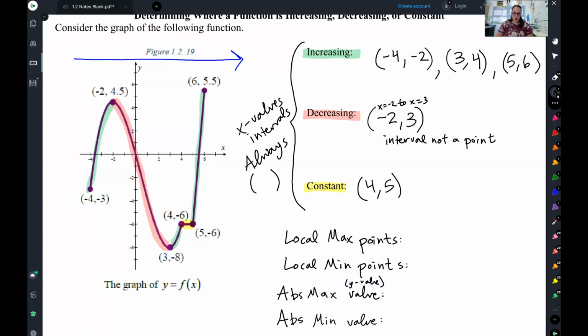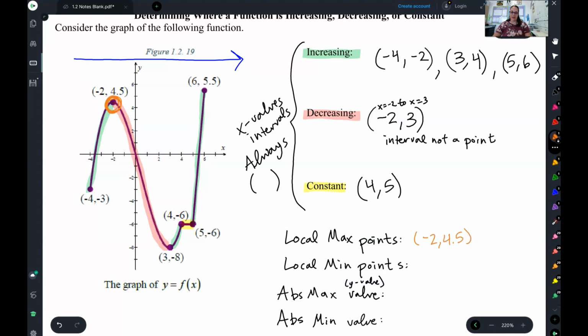So, for local max and min, I am looking for my hills and valleys. So, I've got a hill there. Do that circle. Too big. There's my hill, so that is a local max. So I'm going to come here and put the point, -2, 4.5.